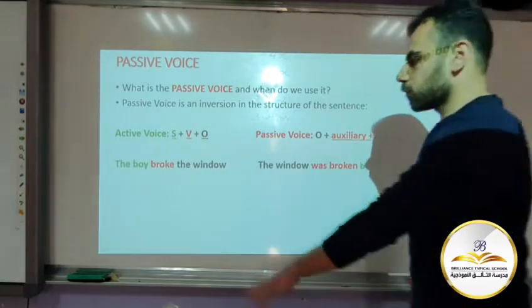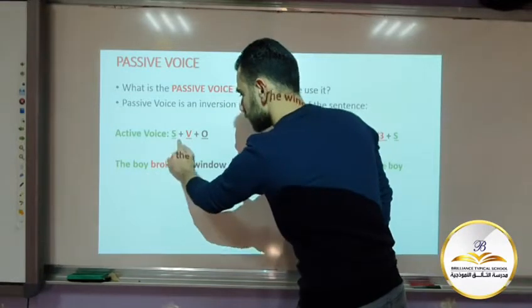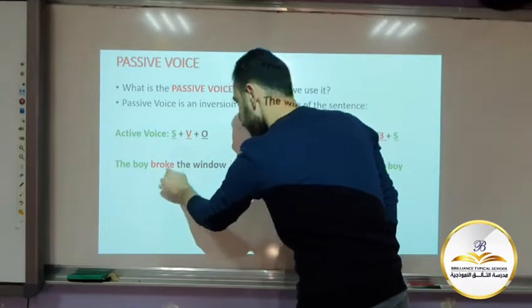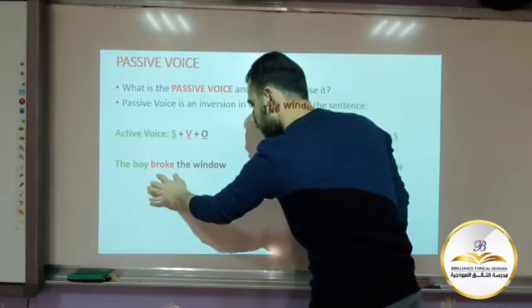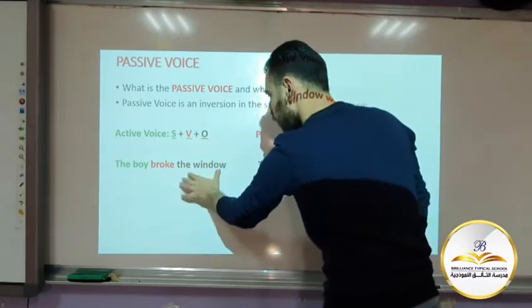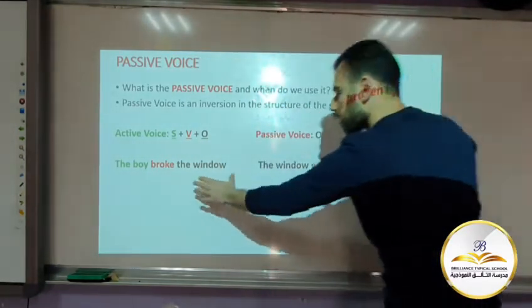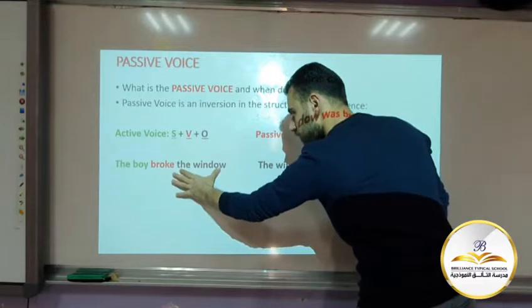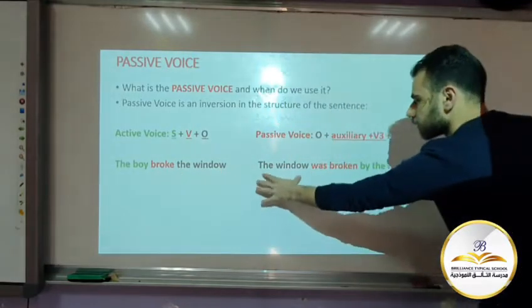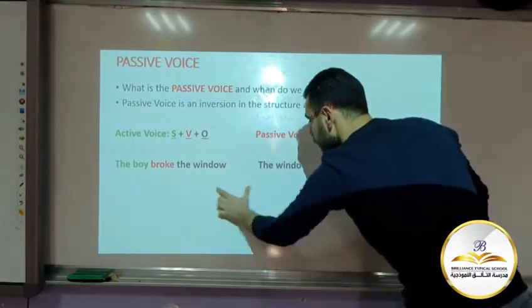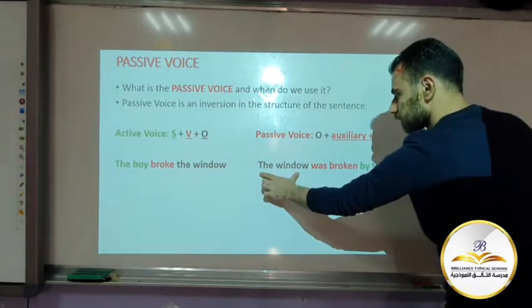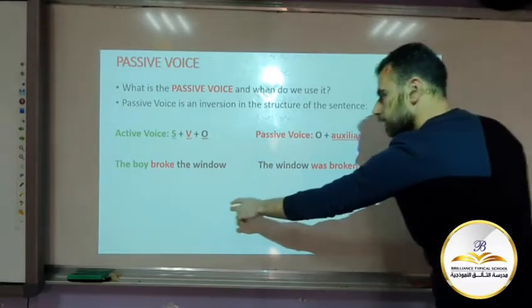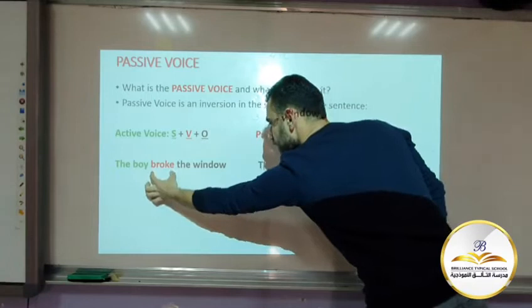We have the boy, which is the subject, broke, which is the verb, and the window, which is the object. Now we are going to take this one, which is the object, and we are going to put it here. So we are going to start with it. So this is the object here, and we are going to take this and change it.